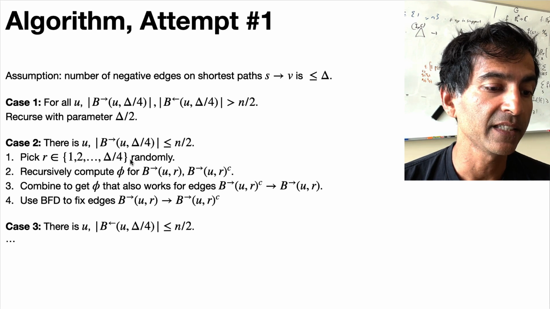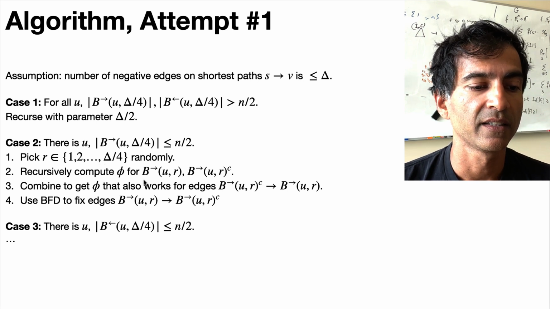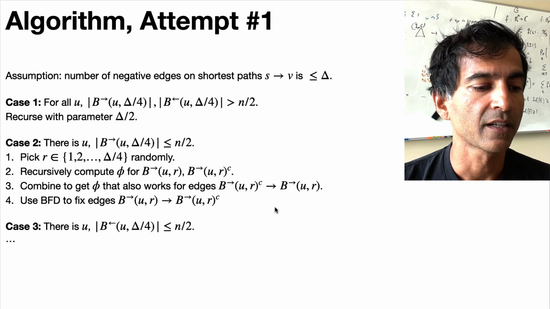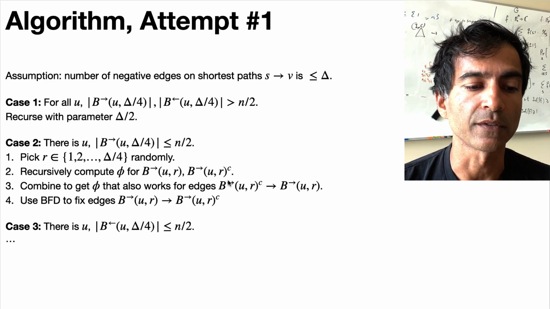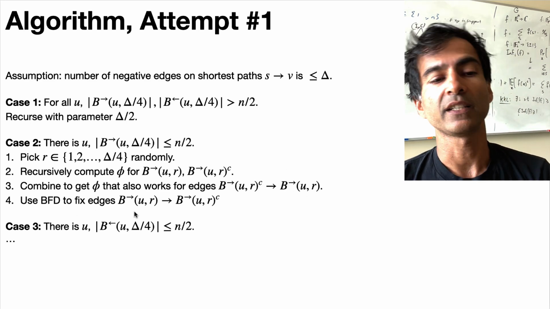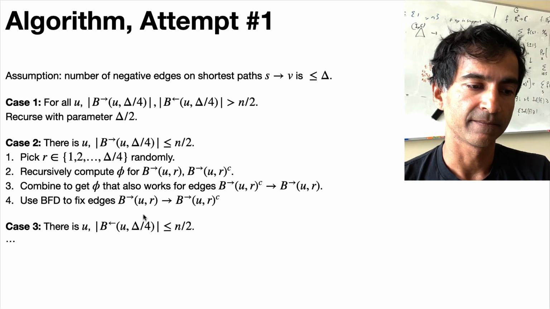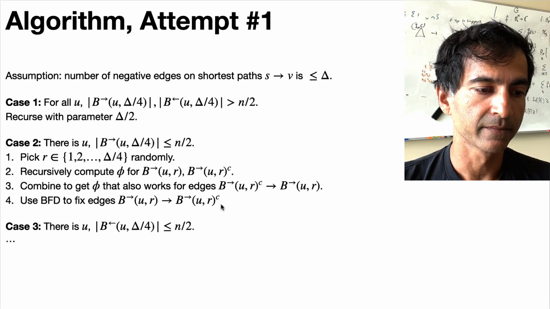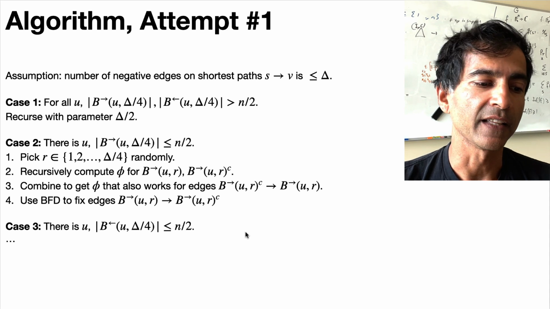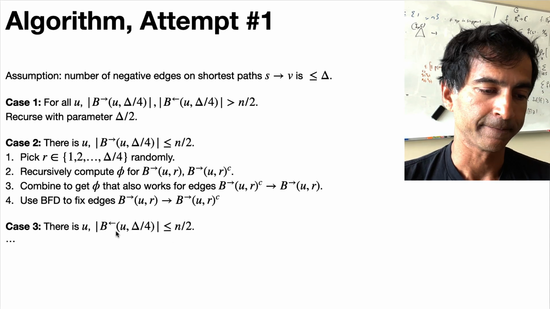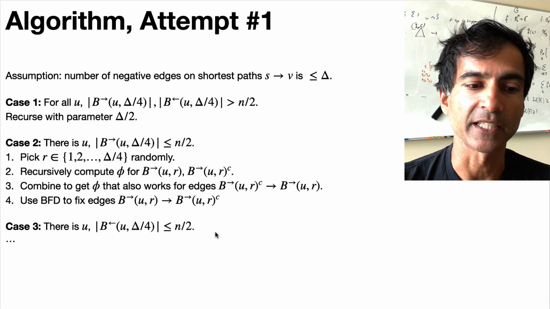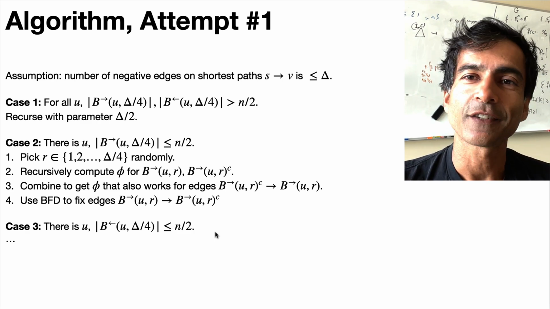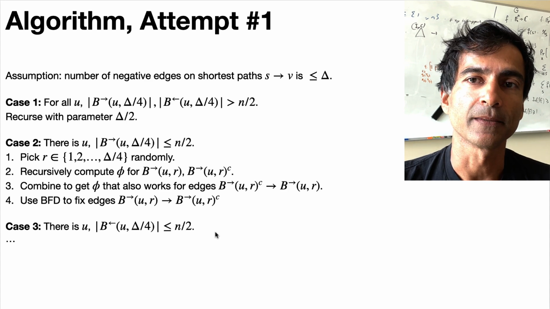Then we pick r at random and recursively compute phi on the ball and the complement of the ball. Combine the two phis to get a phi that works for the edges going from the complement into the ball, and then use BFD to fix the edges going from inside to the outside. So that's the idea of the algorithm. Now, if the other kind of ball is small, then we do the symmetric thing. It's the same ideas. So that's a very high-level approach to solving the problem.